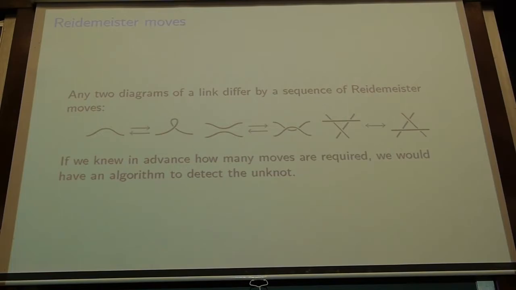If you're willing to settle for braids, you can do it without increasing crossing number at all. You mean without increasing the braid index? Braid index or crossing number. What moves are you going to use? The moves are exchange moves and just braid words.